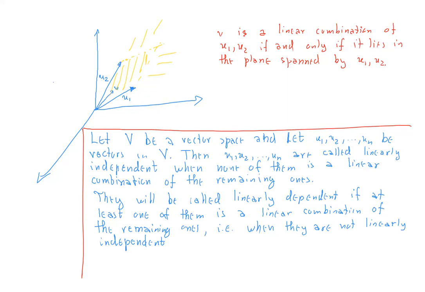But as we're going to see, we're going to develop methods that will allow us to do this quite effectively. Not today, but we will get there. In every vector space, you can have vectors that are independent and vectors that are dependent. And we're going to give examples right now.